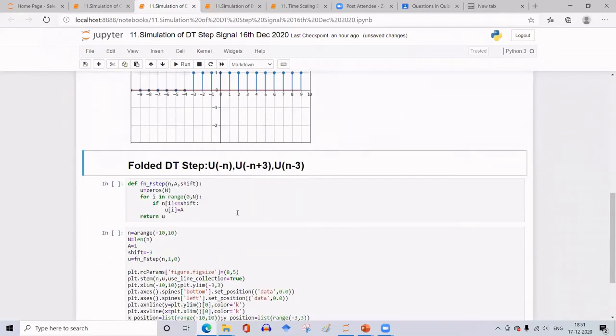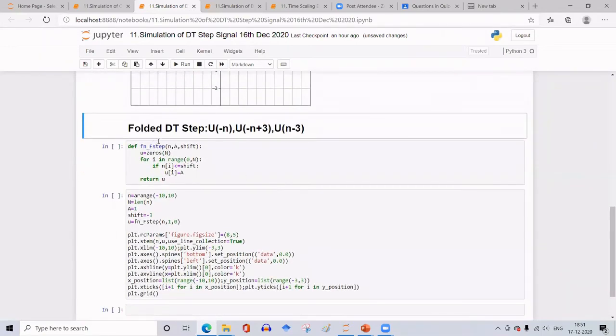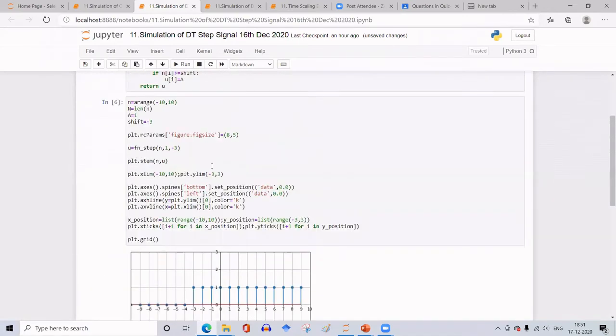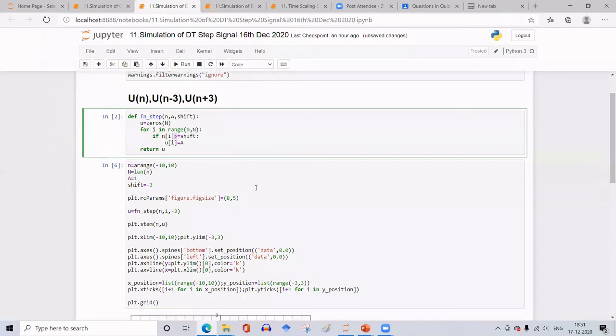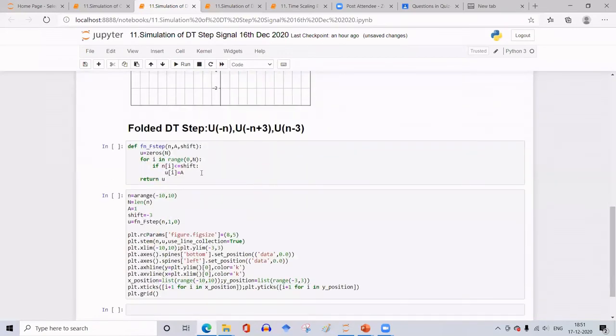Okay, so let me explain now the folded step. Again, it is similar to this except that you make the change here. Instead of greater than or equal to shift, you compare it with less than or equal to shift, and no other change. All other things remain the same.